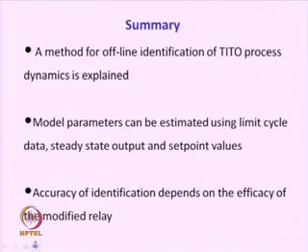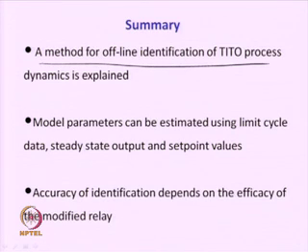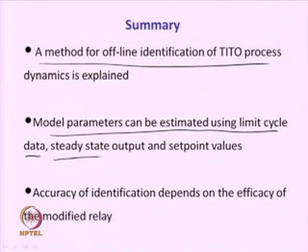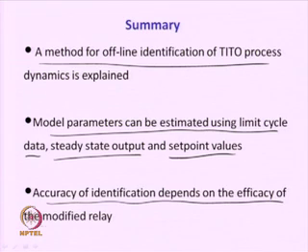Let me summarize the lecture. We have described a method for offline identification of TITO process dynamics. Model parameters can be estimated using limit cycle data, steady state outputs and the set point values, and the accuracy of identification depends on the efficacy of the modified relay.